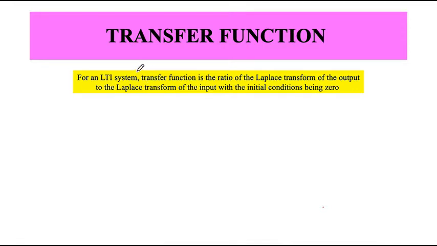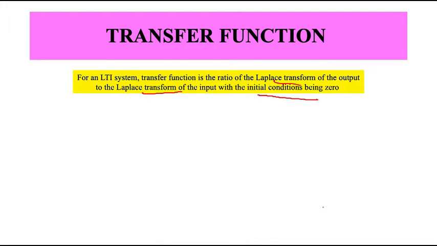For these kinds of LTI SISO systems, the transfer function is the ratio of the Laplace transform of the output to the Laplace transform of the input, assuming all initial conditions to be 0.